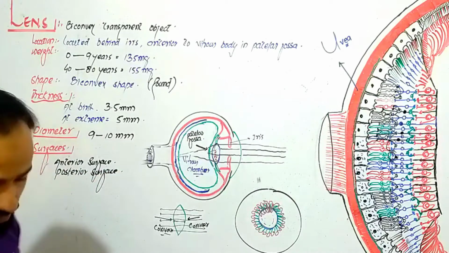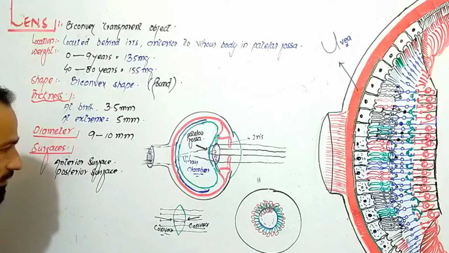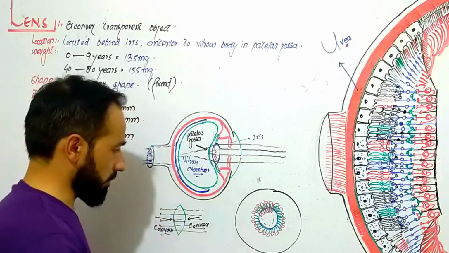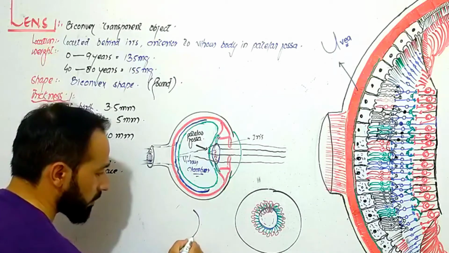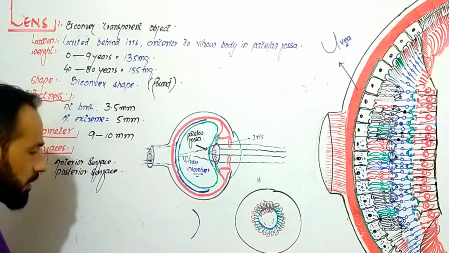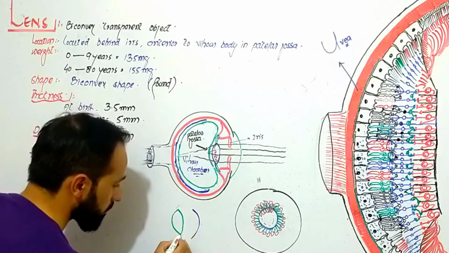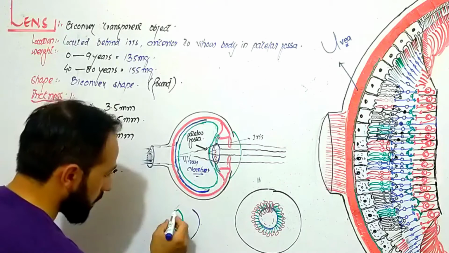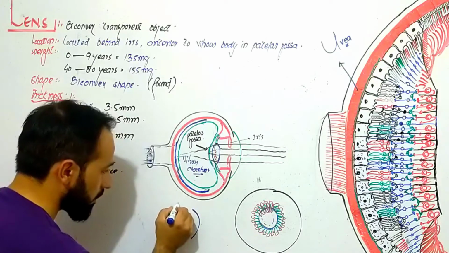One thing which is very important, my dear friends: the posterior surface is a little bit more convex than the anterior surface. For example, if I draw the lens, here is your cornea, right? And here is your lens located. So the lens is like this. Here, if I draw the equator line, this is the equator line.